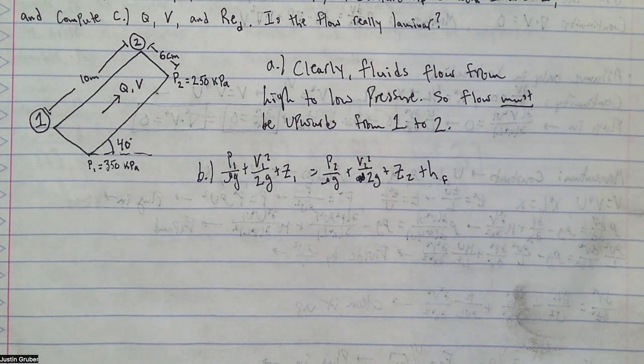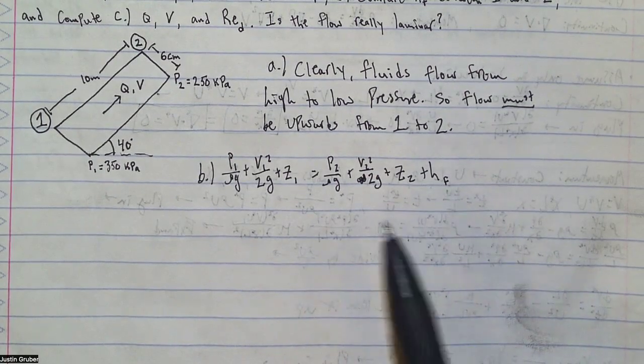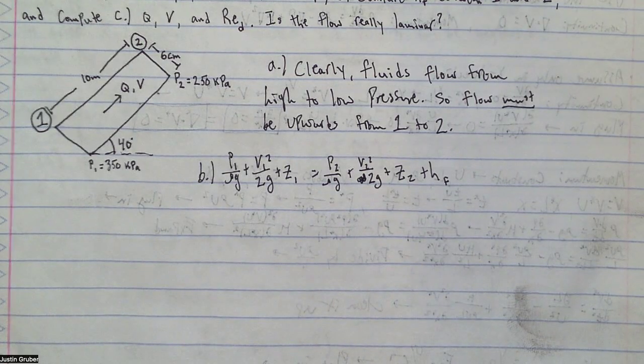Because there's some friction going on in there that's making us lose a little bit of height, we need this HF term to balance everything. So this does still equal out to a constant number.